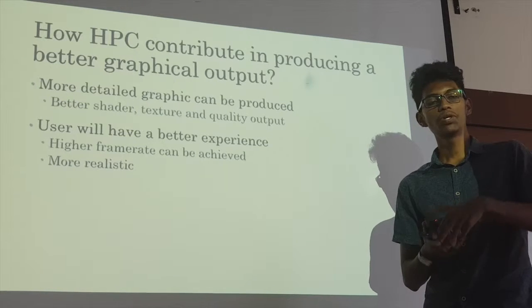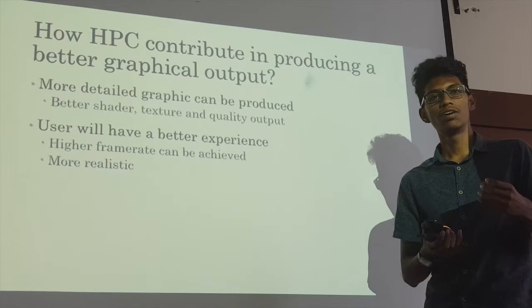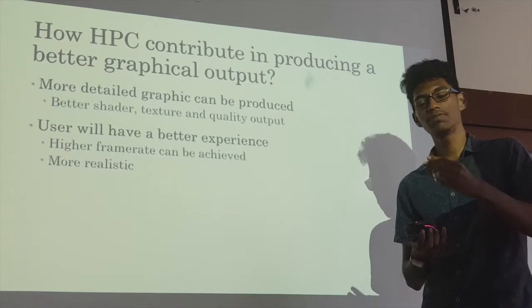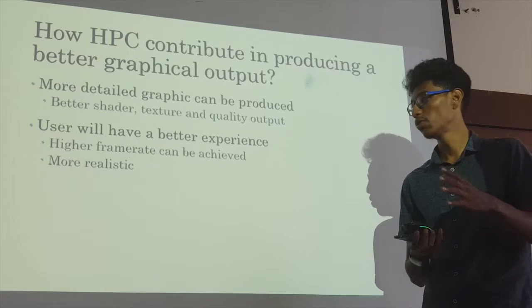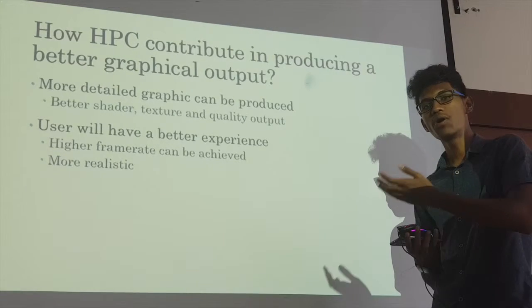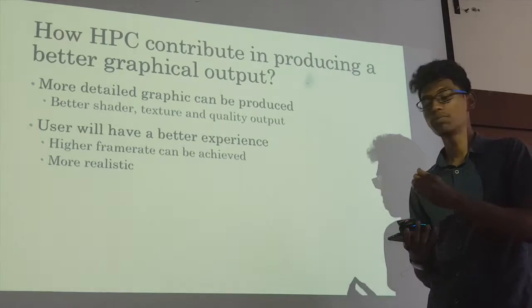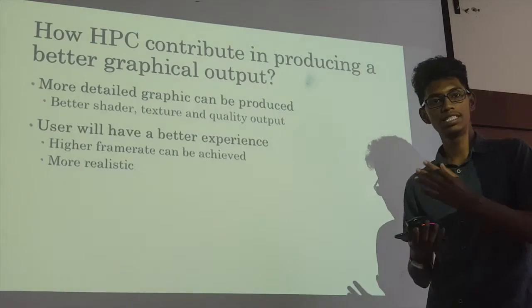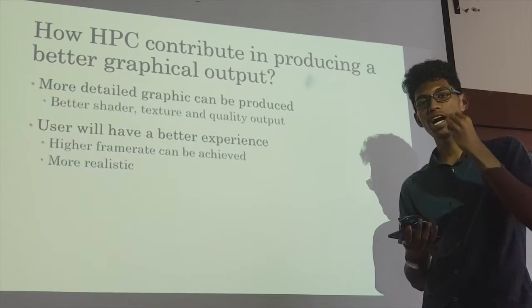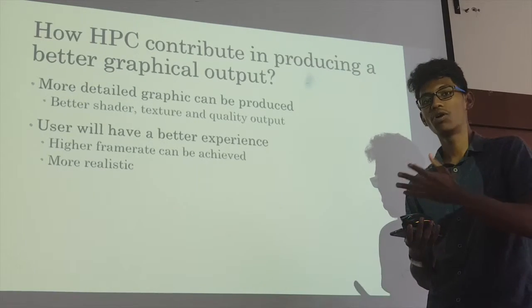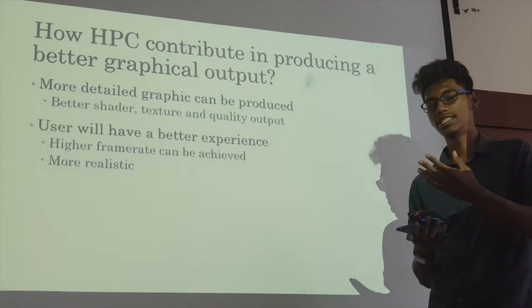As we all should know, the human eye can only see around 30 frames per second. So HPC can produce more than 30 frames per second. So a higher frame rate can be achieved, which means our eyes can see more than what we normally see.